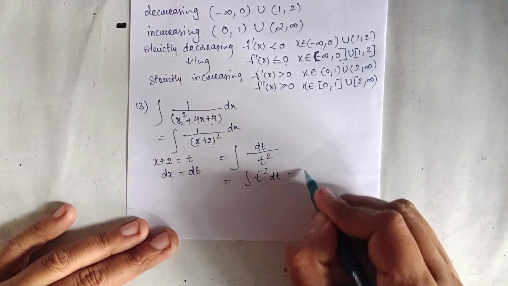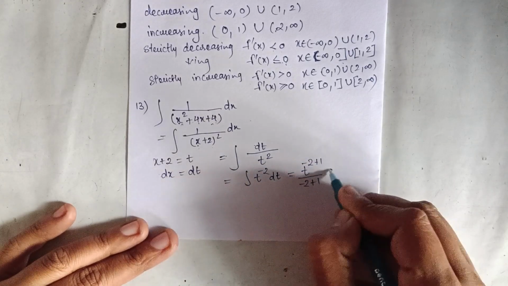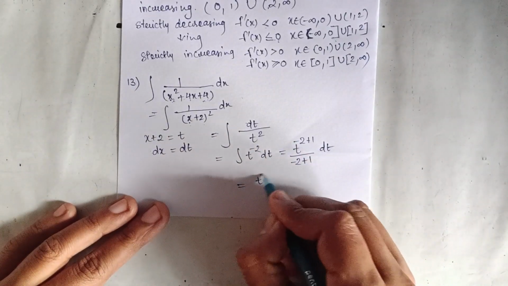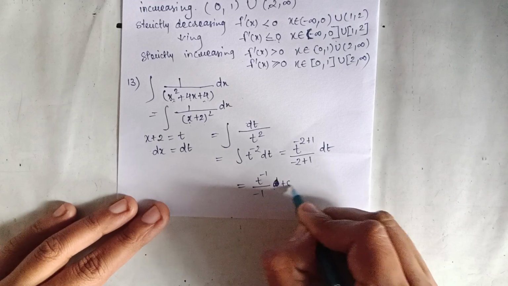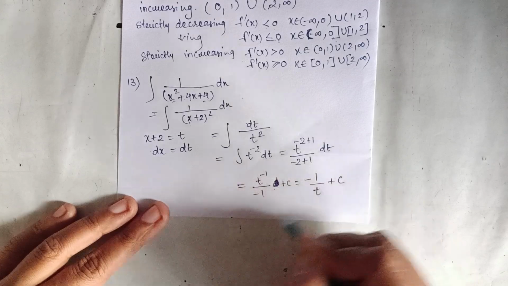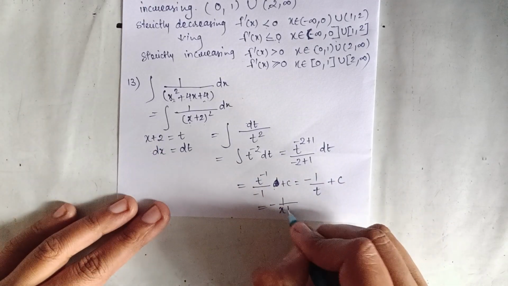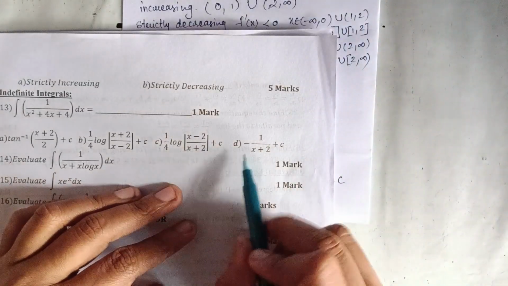So integrating you will get t raised to minus 2 plus 1 upon minus 2 plus 1, so this is t raised to minus 1 upon minus 1 plus c. So this is minus 1 upon t plus c. Okay. Then you have to put the value of t, that is minus 1 upon x plus 2 plus c. So D is the answer.